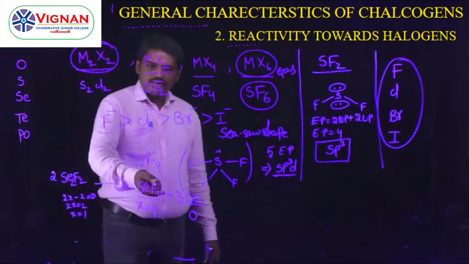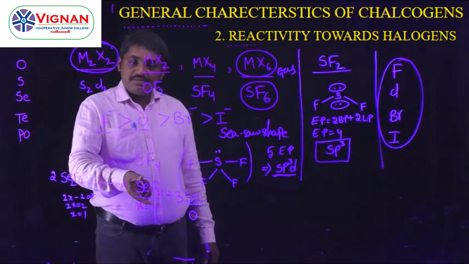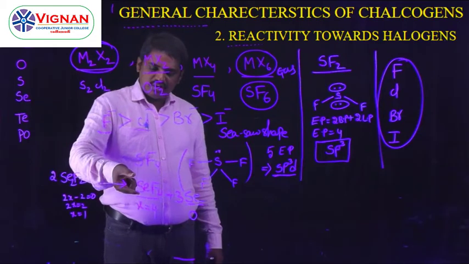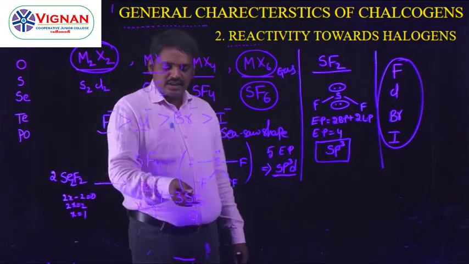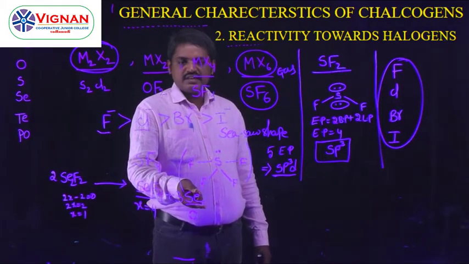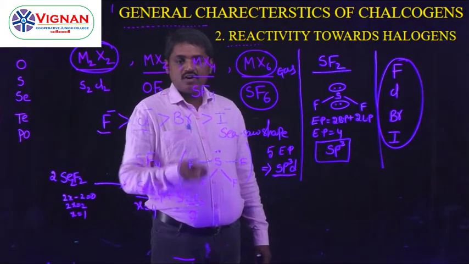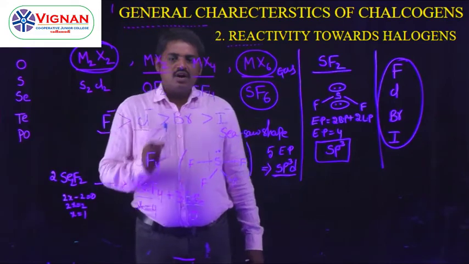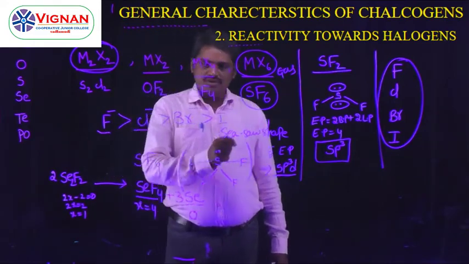In the product selenium tetrafluoride, the central atom selenium oxidation state is +4. In the other product, pure selenium, the oxidation state is considered 0 because it is a homoatomic molecule. Homoatomic molecules have oxidation state 0.